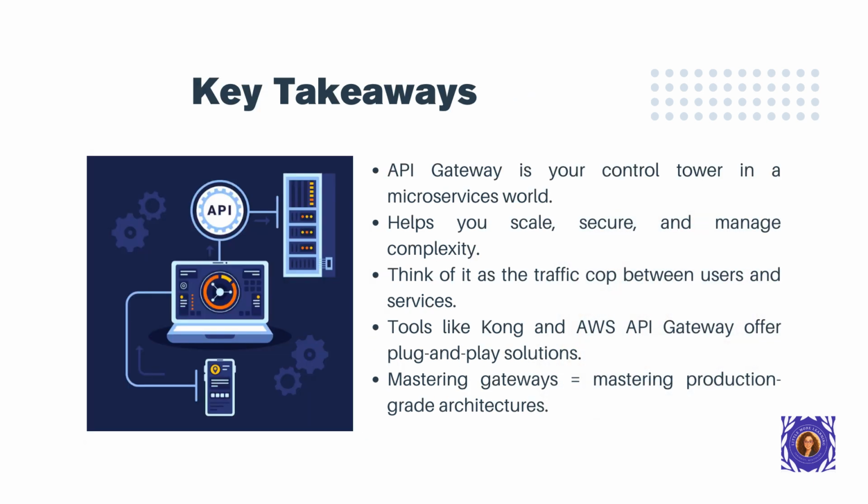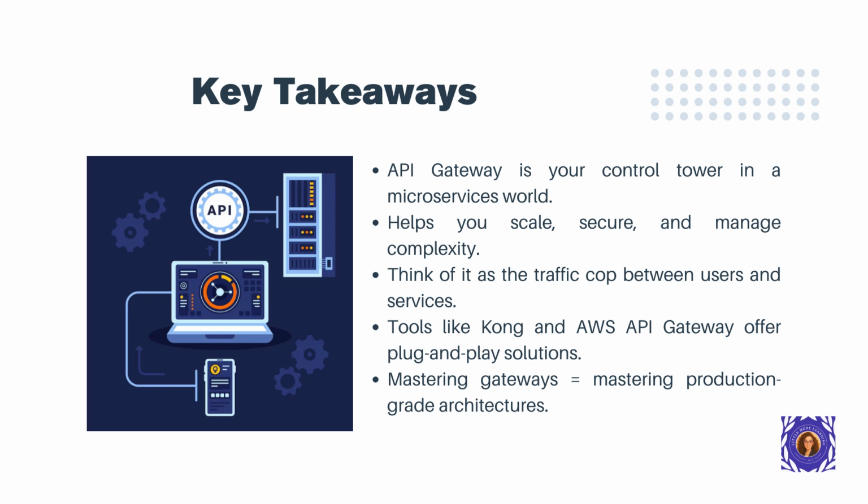As we wrap up, remember that an API gateway serves as the control tower in your microservices world. It helps you scale, secure, and manage the complexity inherent in distributed systems. Think of it as the traffic cop standing between your users and your services, ensuring everything flows smoothly and securely.